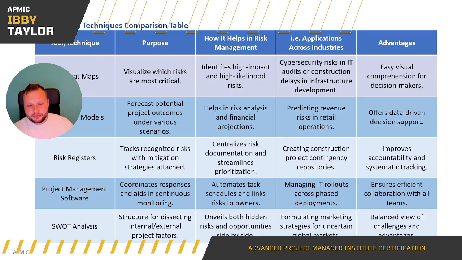Now, project management software can obviously help coordinate responses, aids in continuous monitoring. If you're tracking your project on project management software start to finish, you'll have a really good idea of where your project needs to be. Now, as soon as that deviates and things don't happen, it's normally because of a risk. Something has impacted your project negatively. And if you are using PM software, it should be very easy, the second that happens, to say, right, we have a risk.